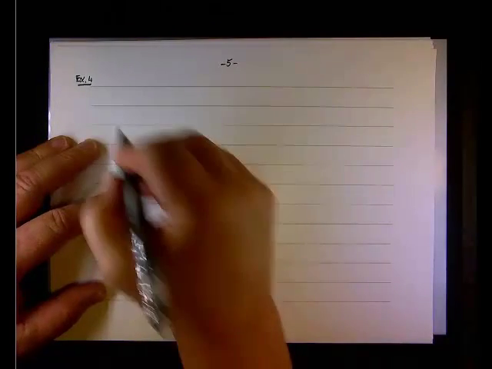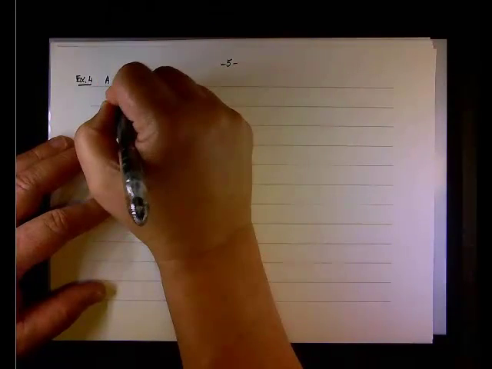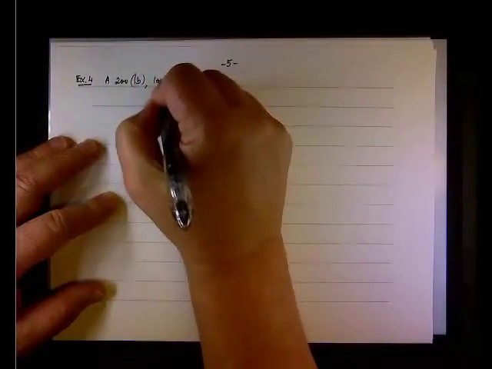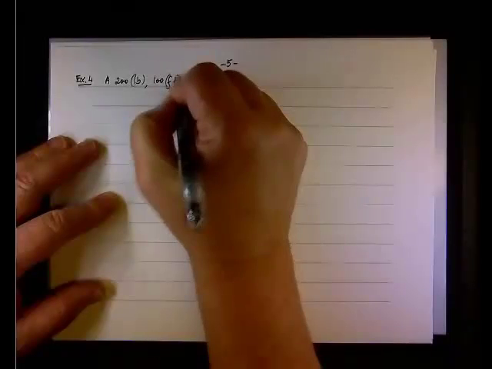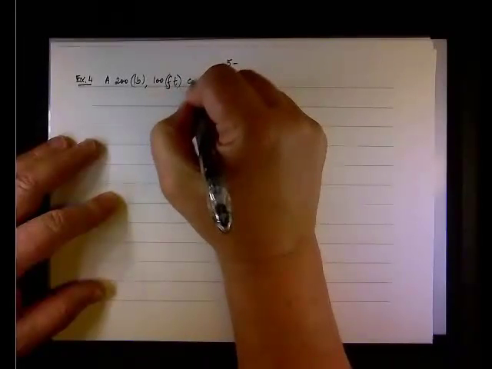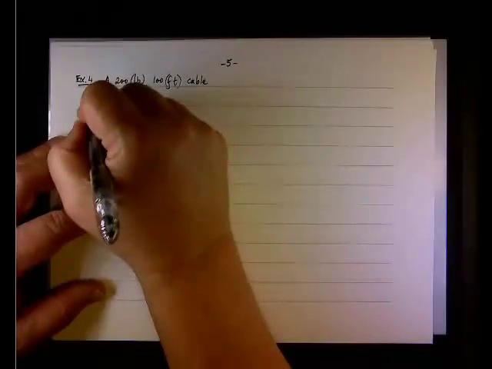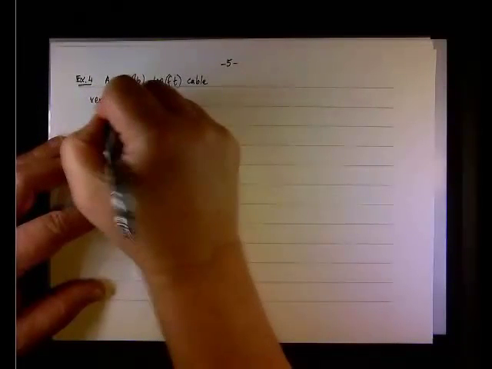So the next example goes like this. As I said, it has distributed weight, and we can imagine a cable that weighs 200 pounds. So let's write: a 200 pound and 100 feet long cable vertically hangs from the top of the building.